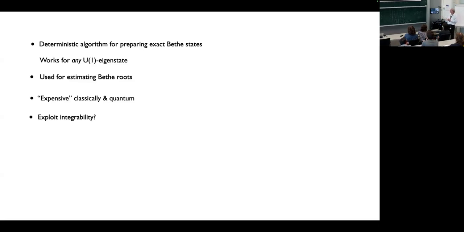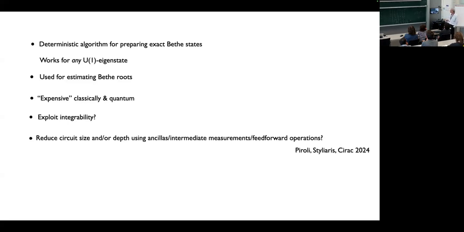these functions F. So it would be interesting if one could find an algorithm that does exploit integrability; maybe you could at least decrease the classical cost. And it would be really nice if you could also decrease the quantum cost as well. Maybe one way is exploited here, using intermediate measurements and feed-forward operations that they use for Dicke states.